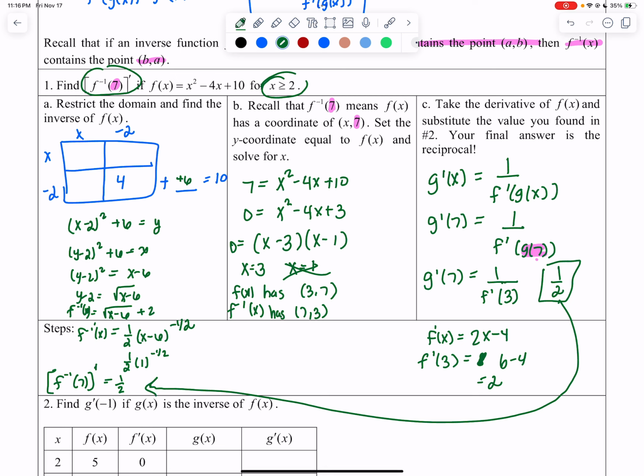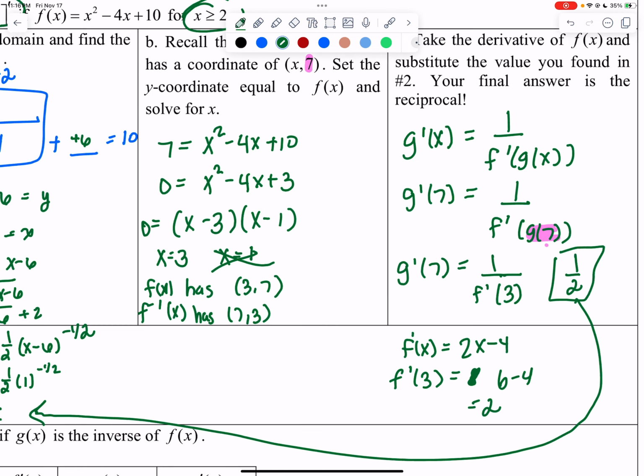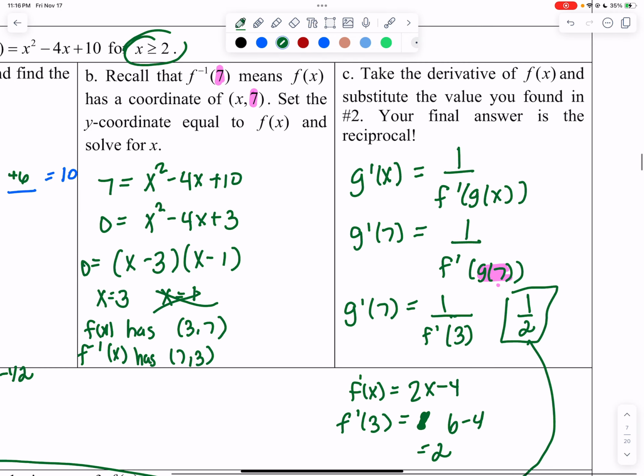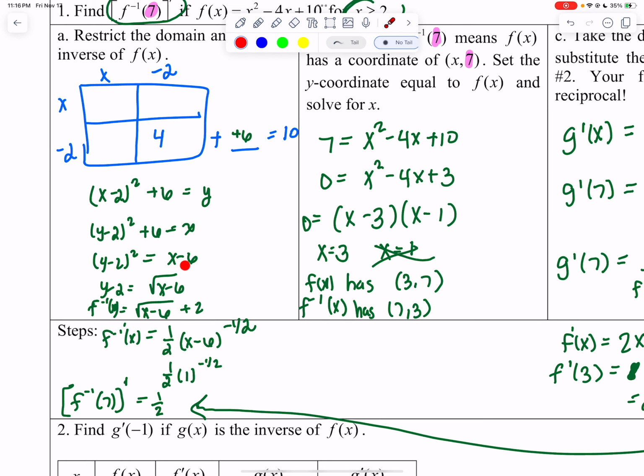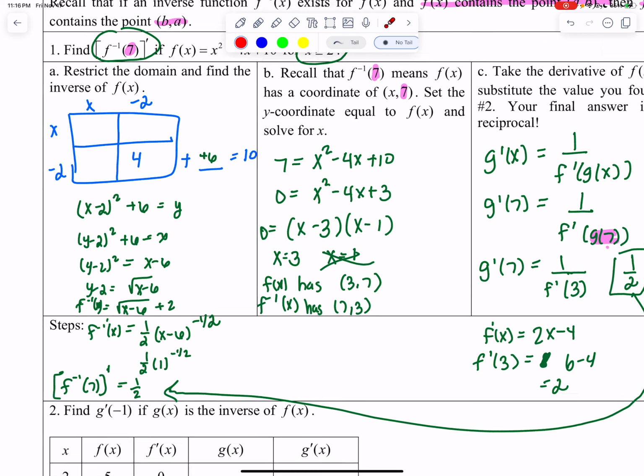I know this might sound confusing, and you might think that this is a lot of steps in terms of B and C. However, I like this more than you completing the square, finding the inverse, and then taking the derivative of the inverse. If you want to do that, that's fine. This is a valid move because you still get 1/2 as your answer.